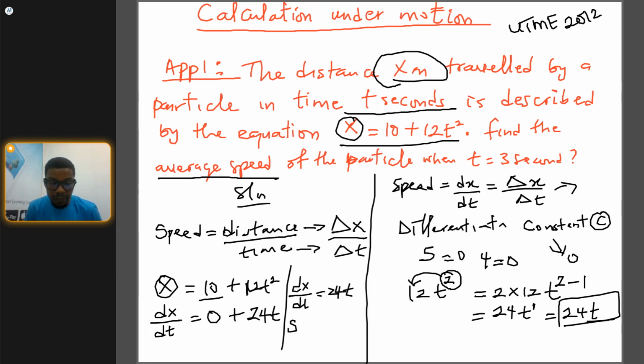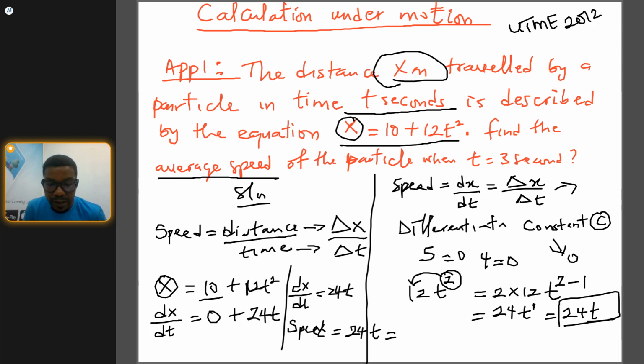And that is also the speed from the formula. The speed is equal to 24t.